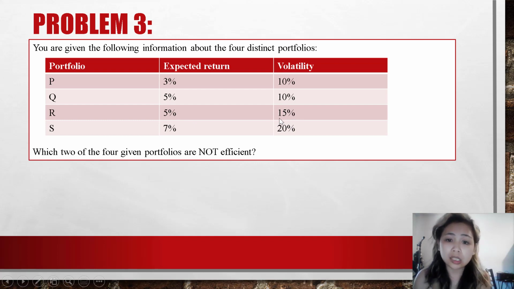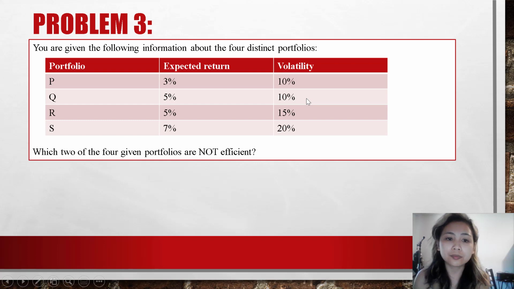So R is a bad choice, and R is not efficient. Now if we compare P and Q, they have the same volatility, but Q produces higher expected return. So P is the bad choice. We can eliminate P and R because neither is as good as Q.